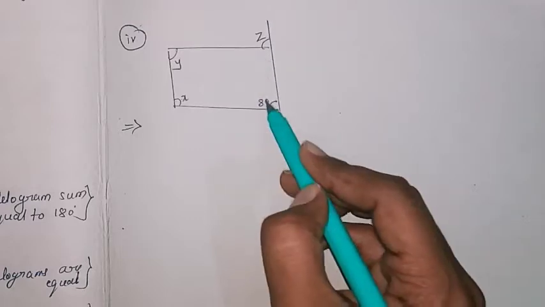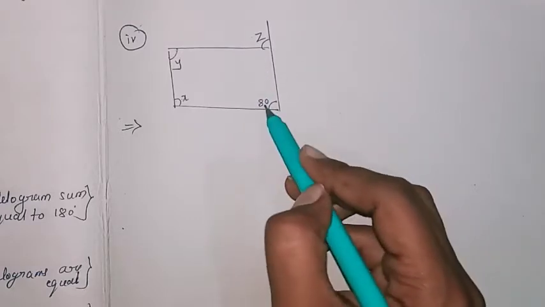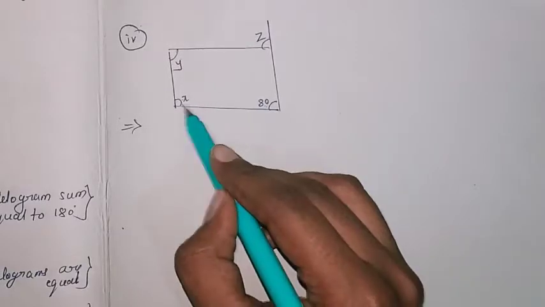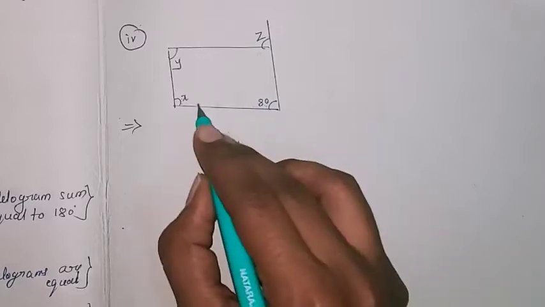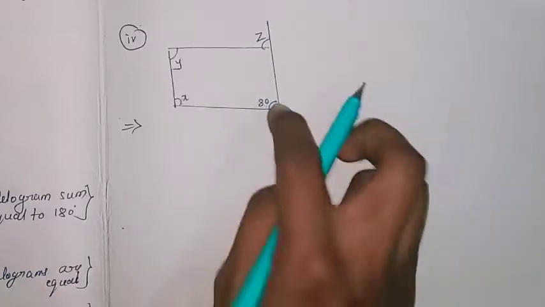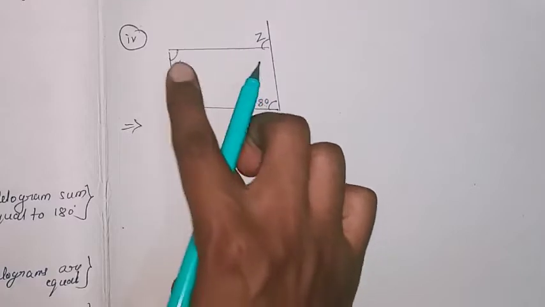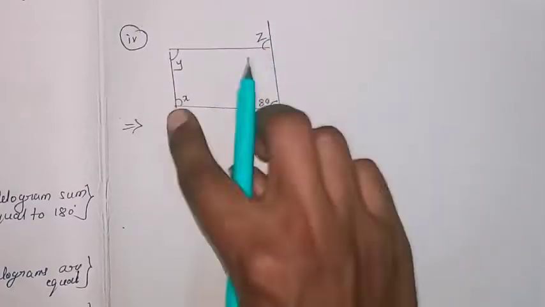If you consider this one, there is no value, so it is not possible to find. If you consider this one and this one, these are adjacent, so x plus 80 equals 180 by the parallelogram property. From that you get the x value. Then if you get the x value, you can find the y value, and these are the opposite angles.